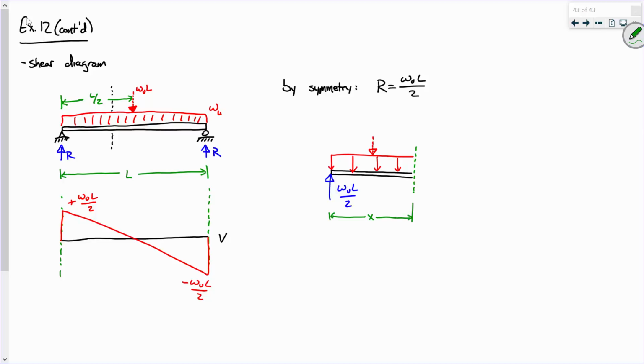Okay, we're cutting a section at some distance x, right? So this is W sub u acting over a distance x, okay? W sub u acting over a distance x. So if I collapse that into a single point load, it's what? WUX. All right, and this distance is x over 2.